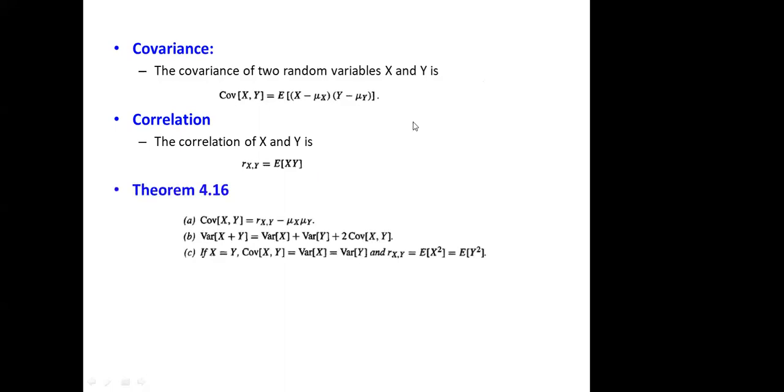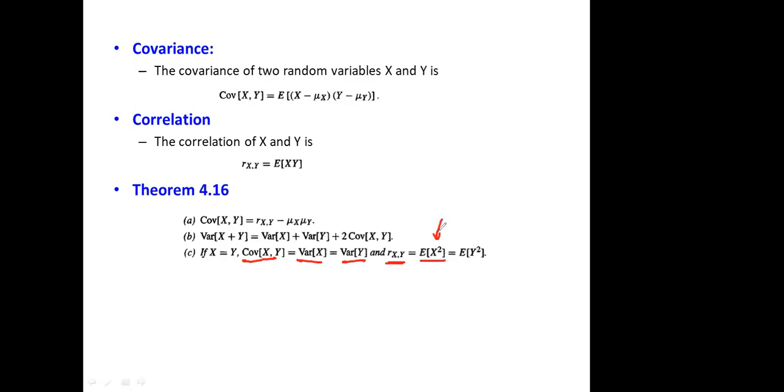Now we have some theorems. This covariance of xy will be equal to correlation minus mu x into mu y. Then variance of x plus y, already we have seen, equals variance of x plus variance of y plus 2 covariance of xy. Then another thing: if we were talking about covariance, that means there are two random variables, but if somehow those two random variables become a single one, that means x and y are equal, then this covariance will become the variance of x or variance of y, and this correlation becomes expected value of x square.